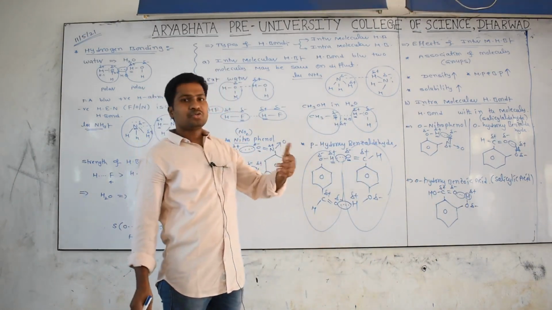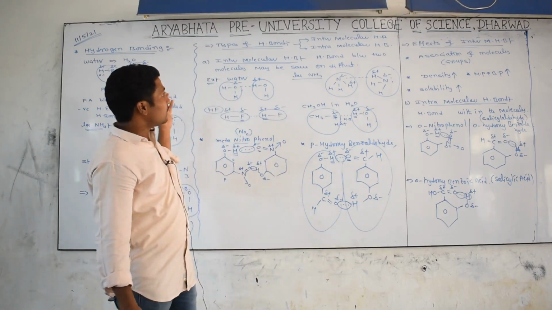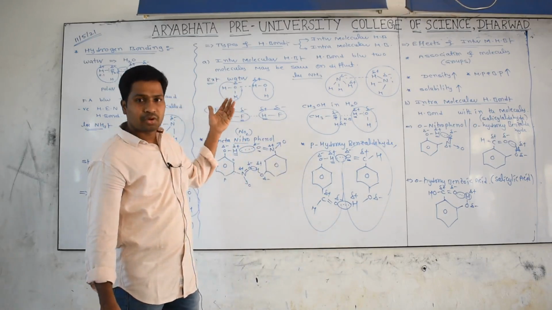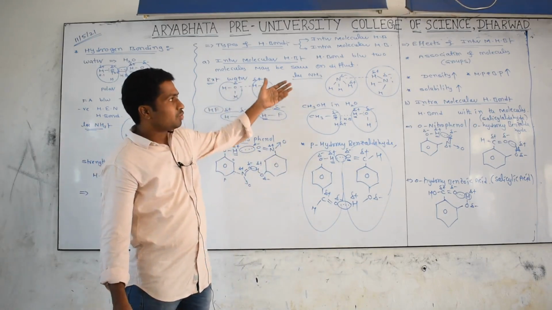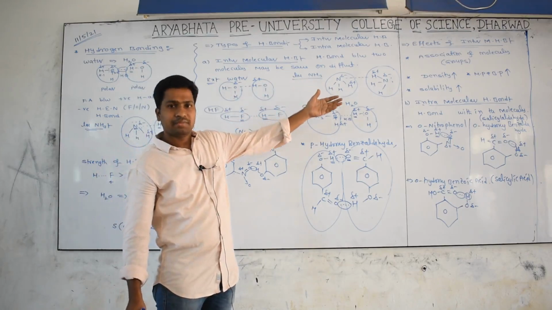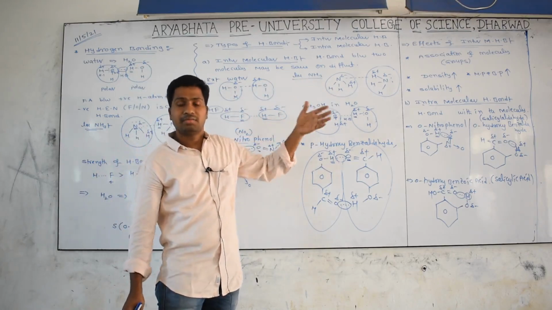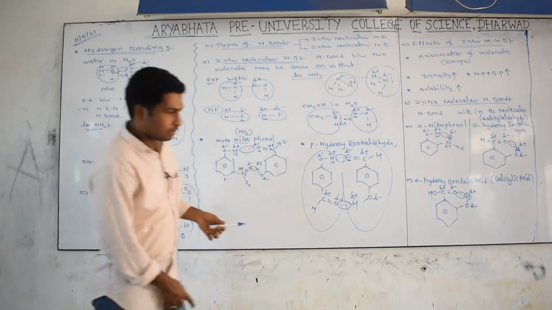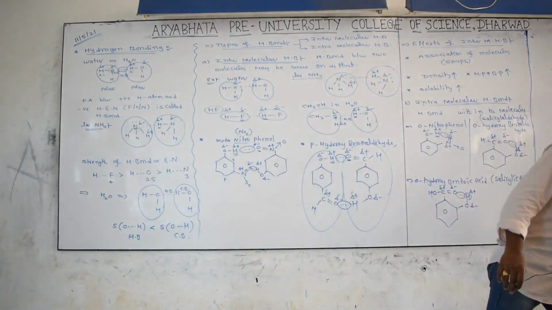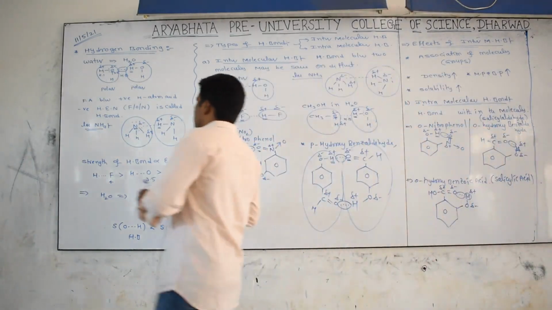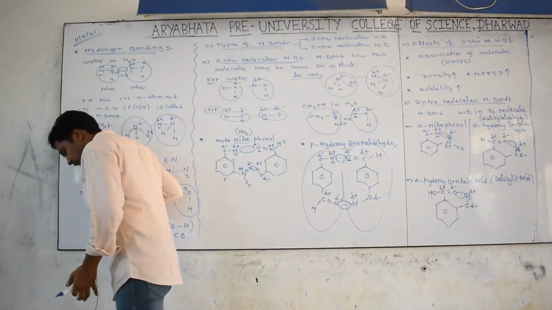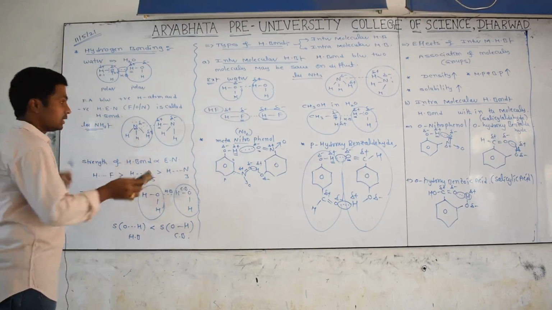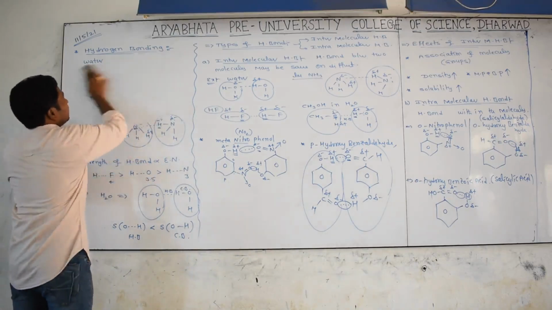So we learned many things: what hydrogen bonding is, where we get it, and the types of hydrogen bonding. Because of inter, what is the effect? Because of intra, what are the effects and applications we have to see. Did all of you understand? Yes. Now see this carefully. Between two molecules, a hydrogen bond is called inter.